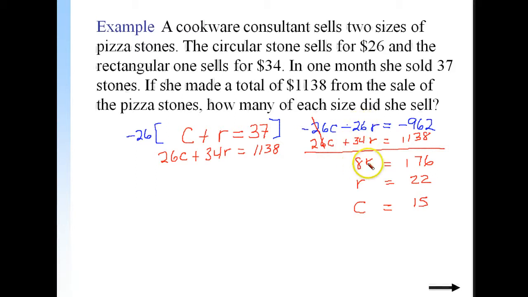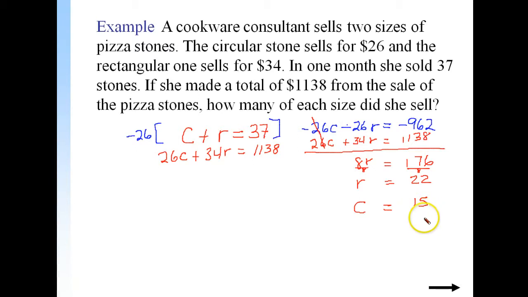This one I get an 8R, and this I get a 176. Divide both sides by 8. I get R is 22. Well, if R is 22, what will C be? Well, I just subtract 22 from 37 and I get 15.